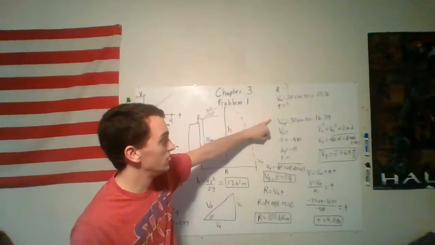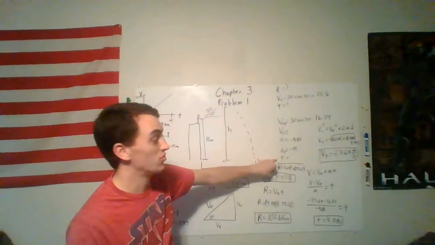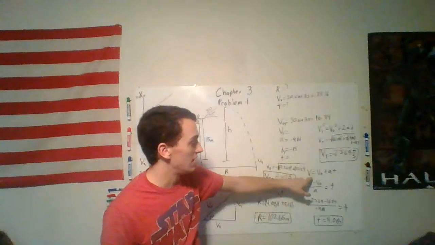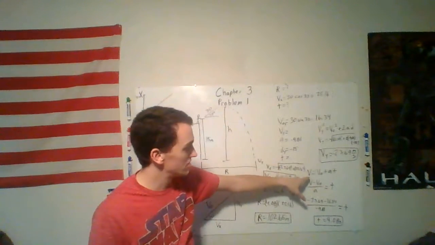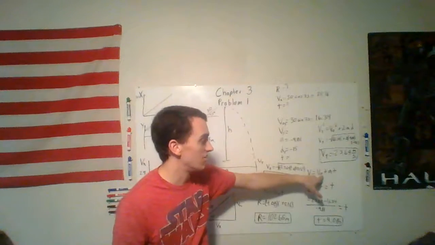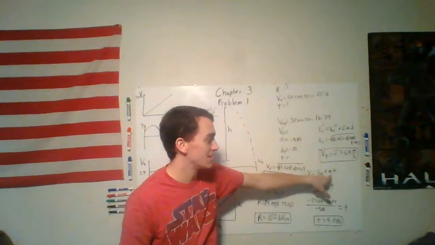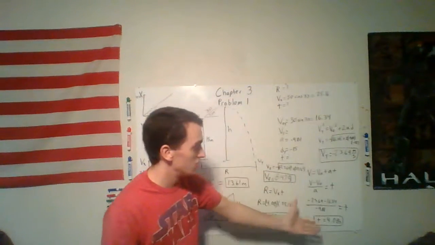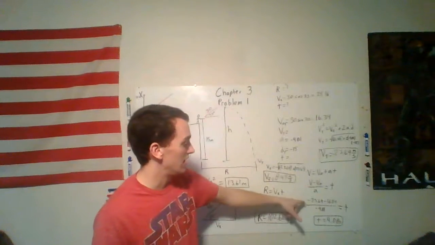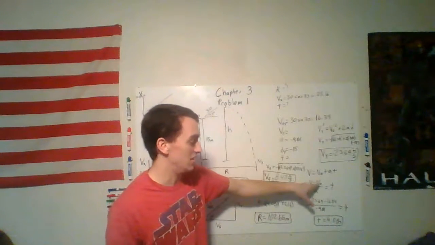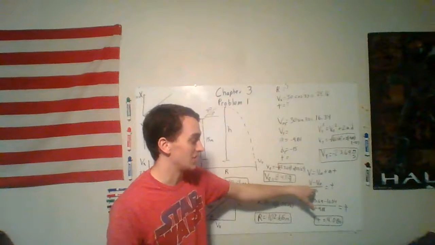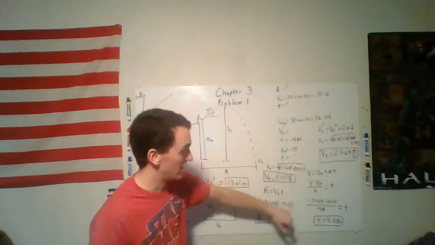To do that, we can use the variables we have from our previous part, and we know from kinematics equations that our final velocity equals our initial velocity plus acceleration times time. Do some basic algebra, and we get our velocity minus our initial velocity divided by acceleration equals time. These are all y components of velocity.